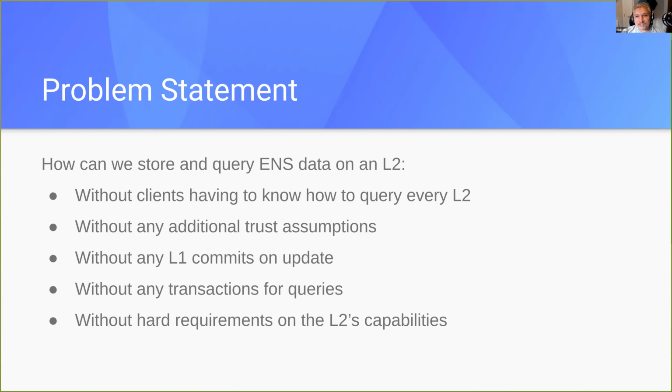And without any transactions for queries, obviously, because when you look up a name in your wallet, it would be intractable if you had to do a transaction in order to make a query. And without any hard requirements on the capabilities of that L2. So we want to support not just EVM compatible L2s, but a variety of other L2s. And as you'll see soon, even things that aren't strictly speaking L2s at all.